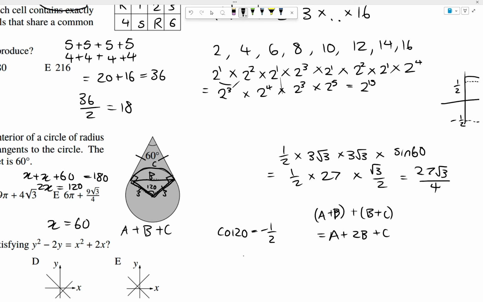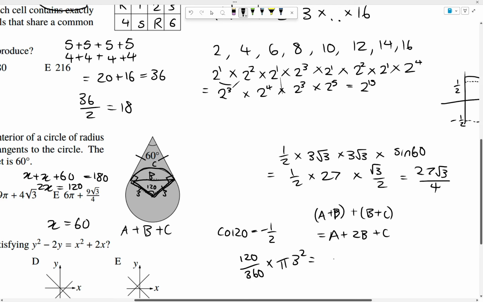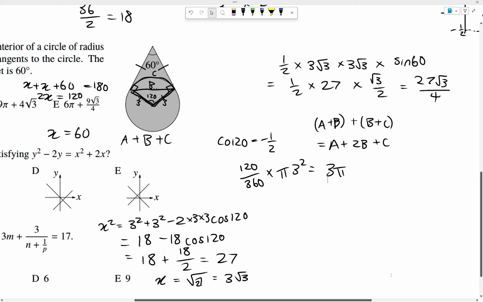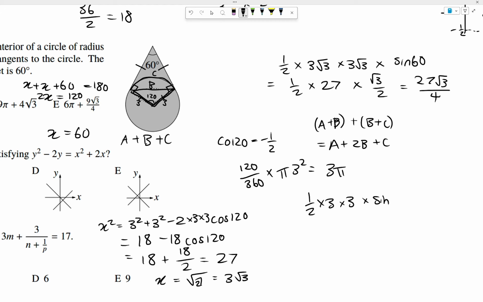So the area of the sector will be 120 divided by 360, because that's the angle that it makes, multiplied by pi r squared again, and that is 3 pi. And then the area of the triangle, again, I'm going to use half ab sine C to get a half times 3 times 3 times sine of 120.